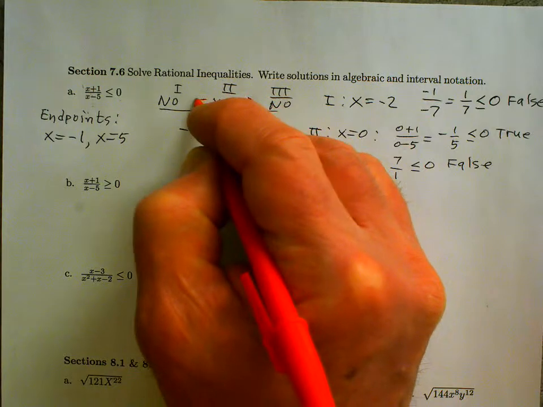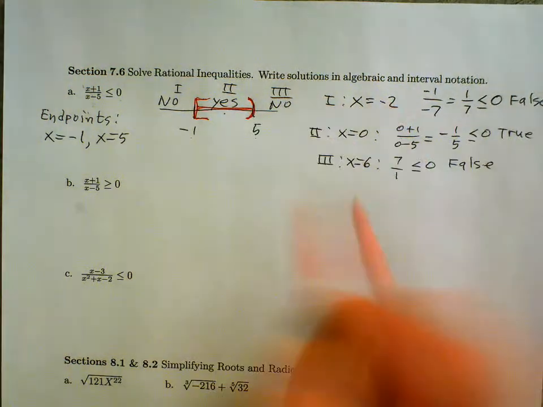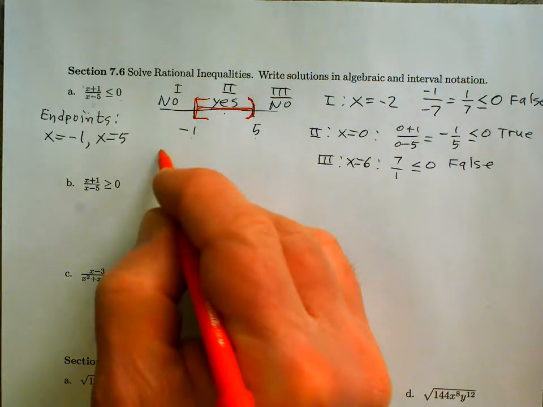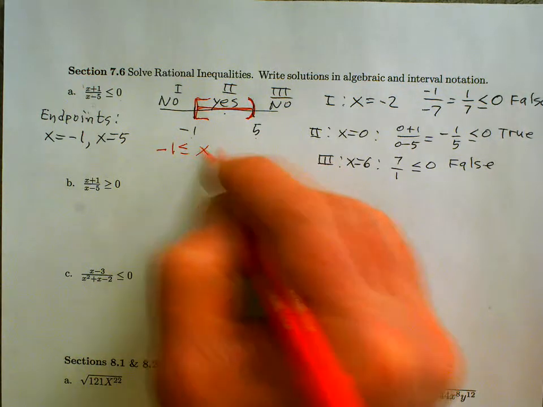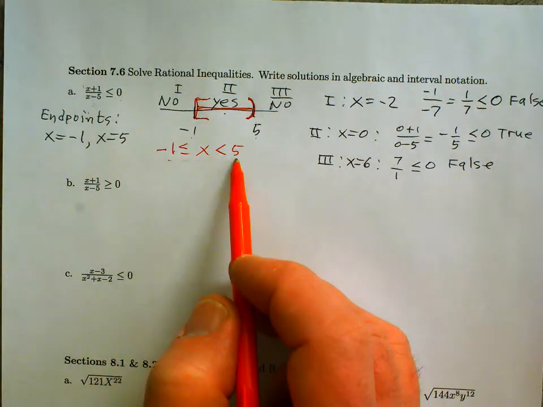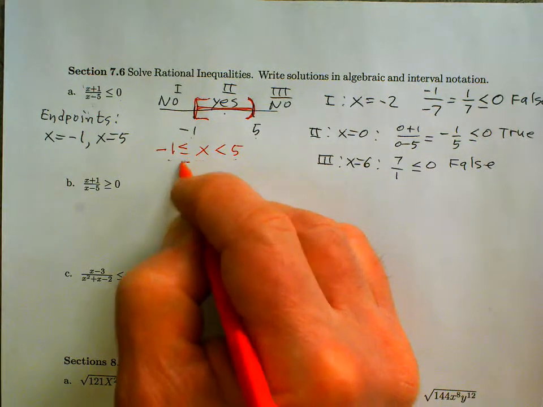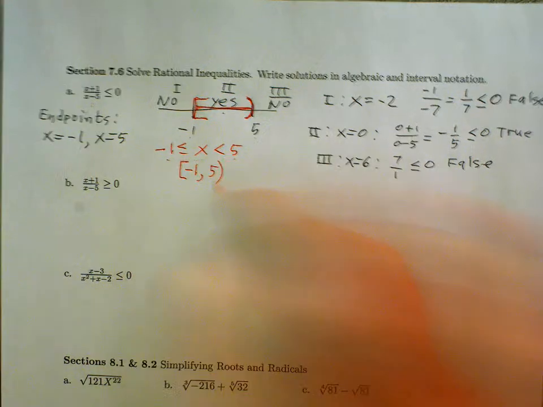So this time we include -1. And so the algebraic notation is -1 is less than or equal to x, which is less than 5. That's the algebraic notation. The interval notation is bracket -1, comma 5 parenthesis.